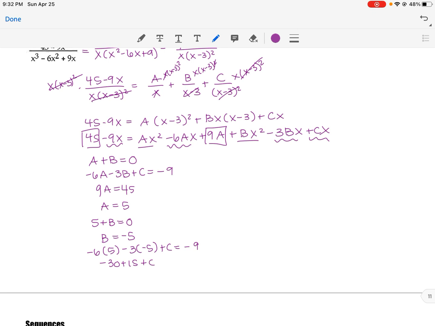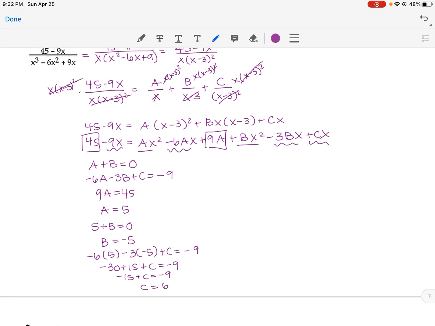Negative 30 plus 15 plus c equals negative 9. Negative 15 plus c equals negative 9. C equals 6. So if I want to rewrite it then, I'd have 5 over x plus a negative 5 over x minus 3 plus 6 over x minus 3 squared.